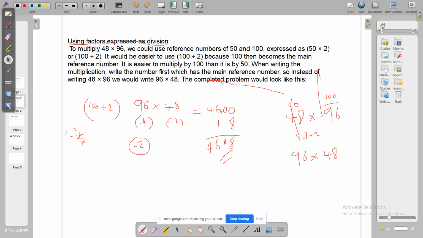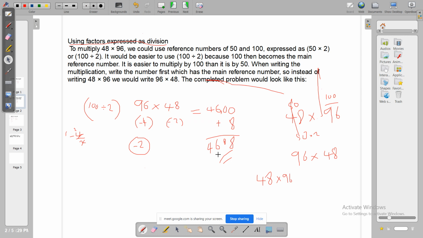Okay, let me tell you this. The question that was given to us was 48 times 96. This is the question that we have to solve.